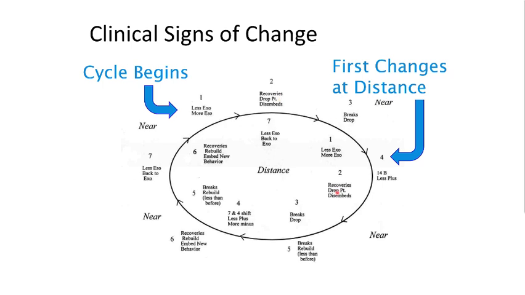Step 2 at distance is the same, recoveries drop and the patient disembeds, but there's a time lag. Step 3 at near, breaks drop, same thing here at distance, and you can work your way around all 7 steps, with there simply being a time lag between what happens at near and what happens at distance.